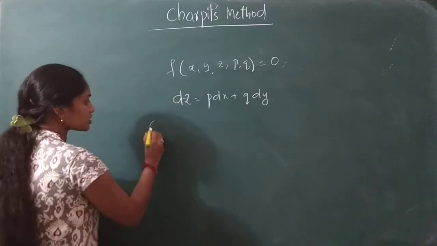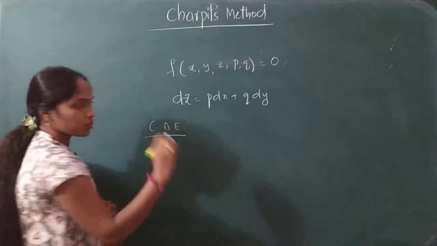So what is the Charpit's auxiliary equation, which is most important?